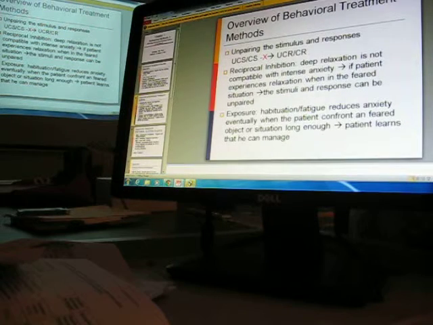Deep relaxation is not compatible with intense anxiety. So if the patient experiences relaxation when in the feared situation, the stimuli and response can be unpaired. If it applies to me, I practice breathing and meditation and deep relaxation, and I train myself to be able to relax in a few seconds.